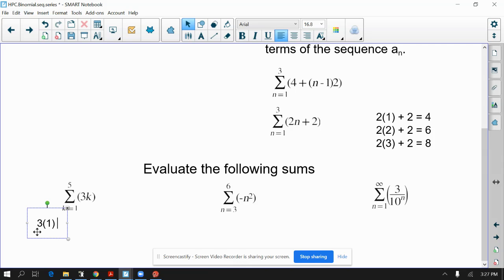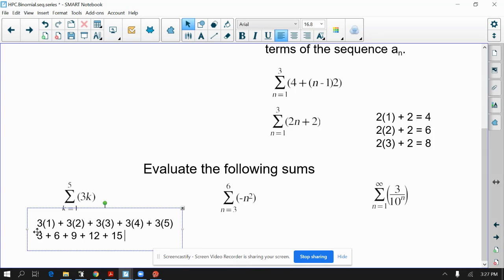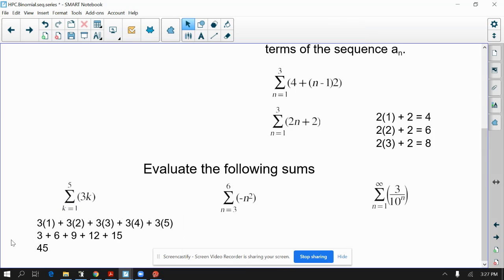I hope you're doing that when you do your test and quiz. So 3 times 1 plus 3 times 2 plus 3 times 3 plus 3 times 4 plus 3 times 5. And that equals 3 plus 6 plus 9 plus 12 plus 15. And that equals 9 plus 9 is 18 plus 12 is 30 plus 15 is 45.